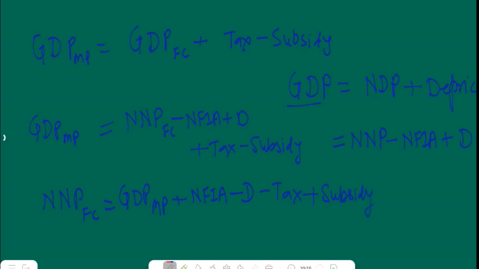This is our national income. This is called national income formula. Hope you understood the equation.